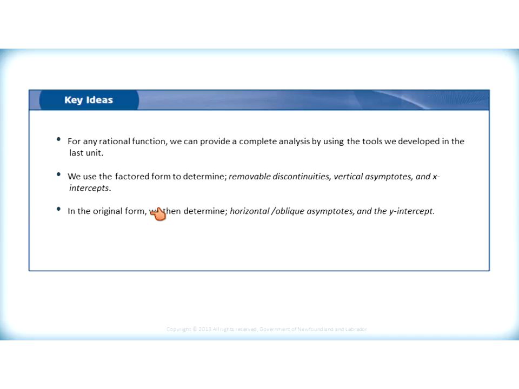So when we use the factored form, it tells us removable discontinuities, also called point discontinuities, vertical asymptotes, and our x-intercepts. And the original form can also help us determine horizontal and oblique asymptotes if we have to divide those out or check out the degrees. And by filling in x equals 0, we get our y-intercept.